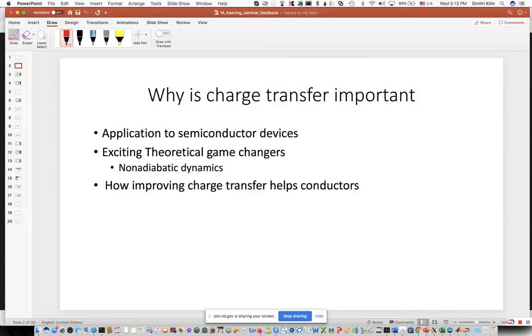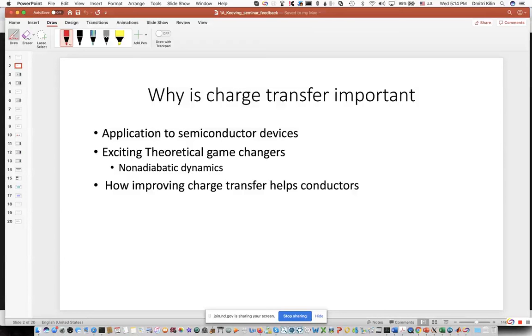Why is charge transfer important? In simple terms, charge transfer is simply the movement of electrons from one location to another.